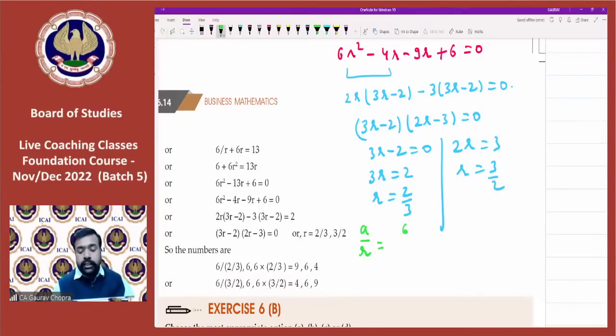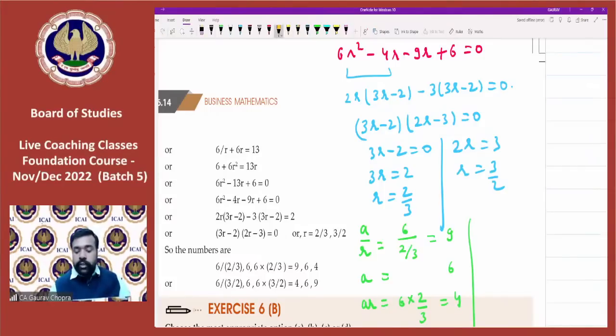A is 6 divided by R. If we take 2 by 3 as R, what will be the result? The result will be 18 upon 2, that is 9. And second term was A, it is 6. Third term is AR, so 6 into 2 by 3, it will become 4. So 9, 6, 4 is the geometric progression.